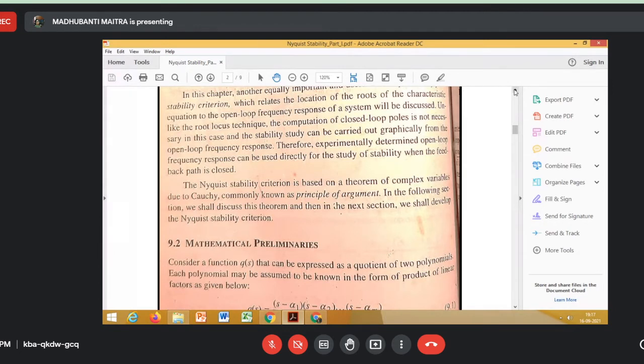And in this case, it's not at all required to solve the characteristic equation for finding out the locations of the roots on the S plane, right?